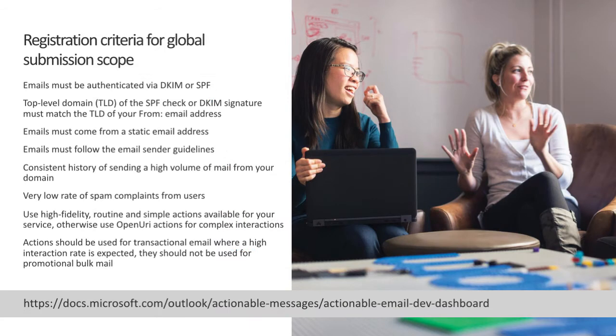Now, this section is really only applicable when the scope of your submission to enable actionable messages is global. In this section, you need to provide details for Microsoft to verify the actionable messages and the corresponding actions that are invoked from the email sent to your provider or service.